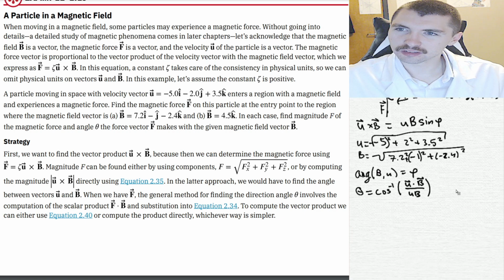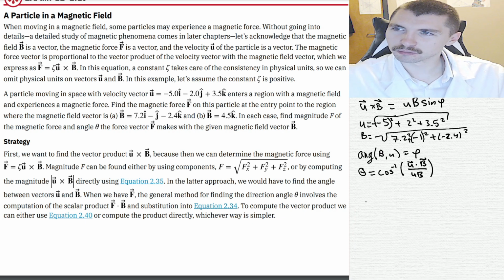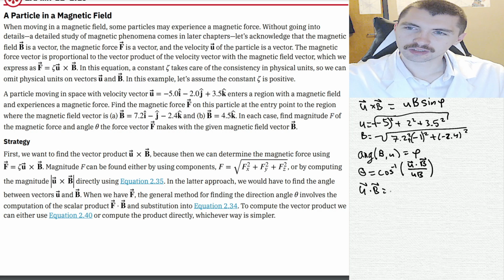I think that's the angle just from my head. So we know u dot b is, oh man, what did the book use? I think of it like a sum of each component, but I think the book did it some other way. Did the book do a b cosine? No, that's not right.